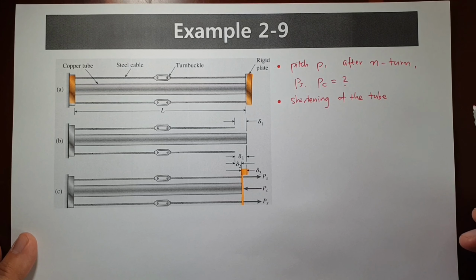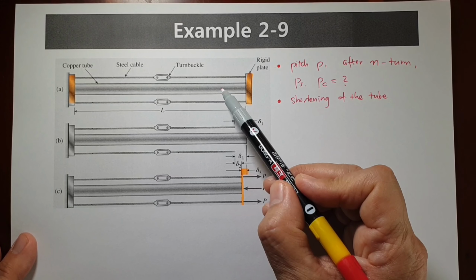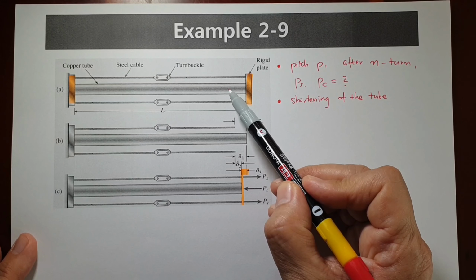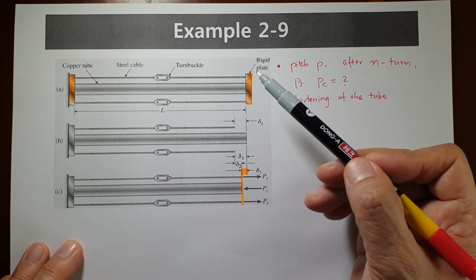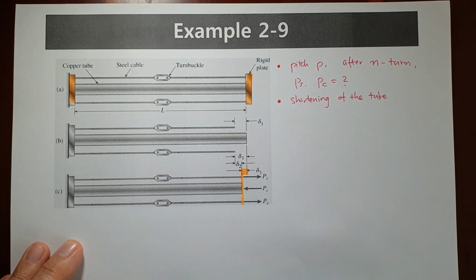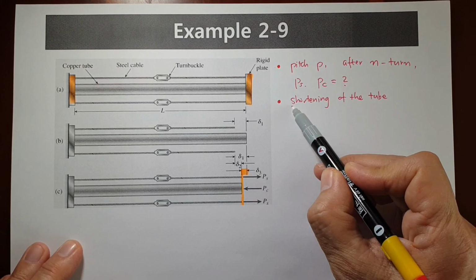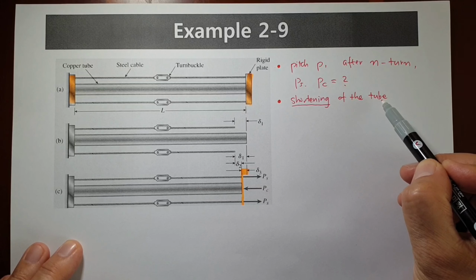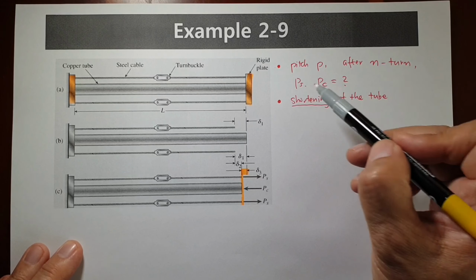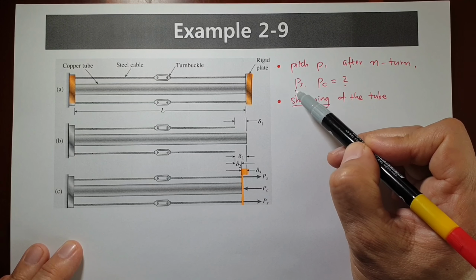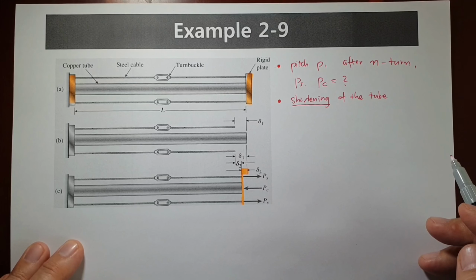When the cable is getting shorter, at the same time, the inside copper tube is also getting shorter. Our goal is to find the final shortening of the inside copper tube, and in between we would like to know the forces PS and PC as well.